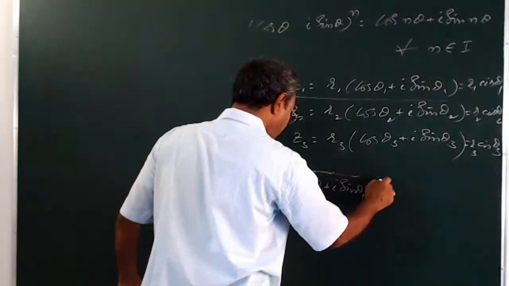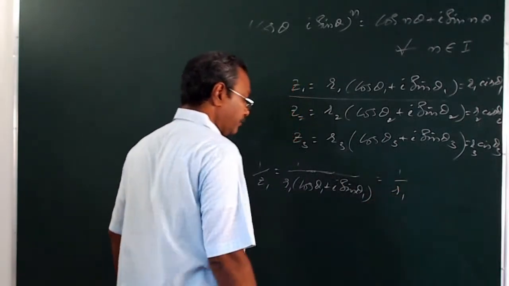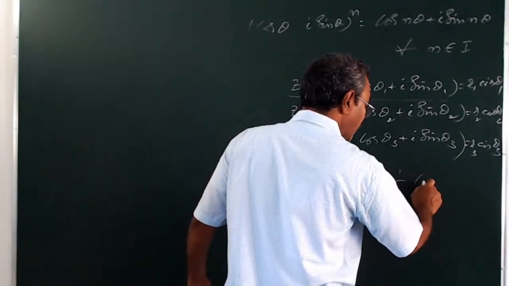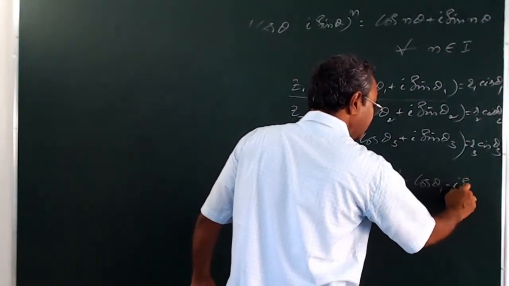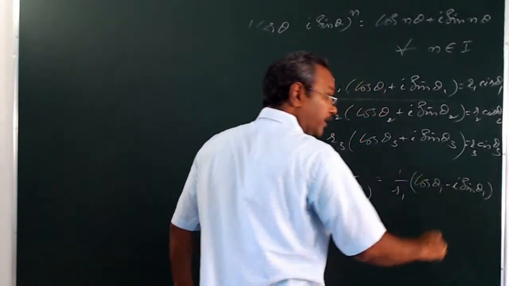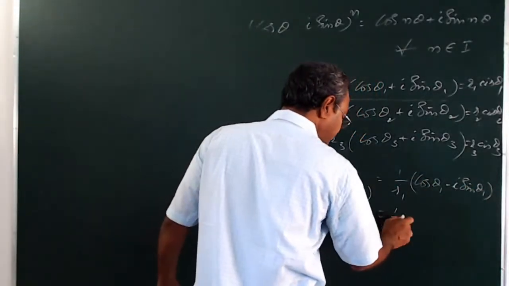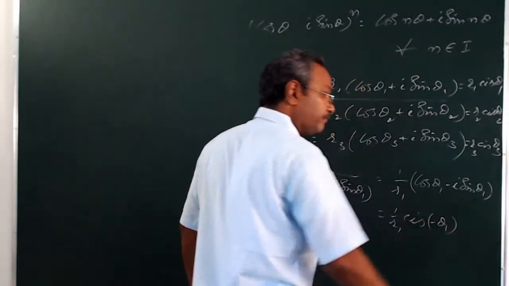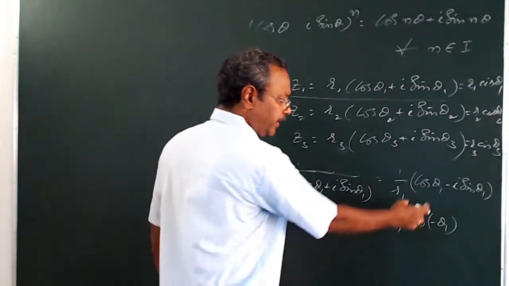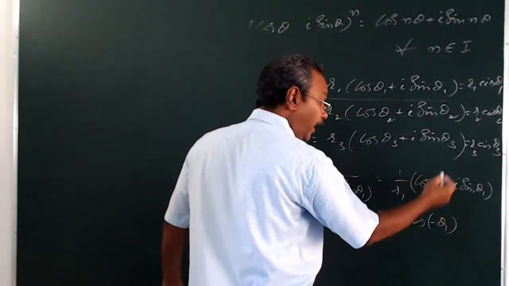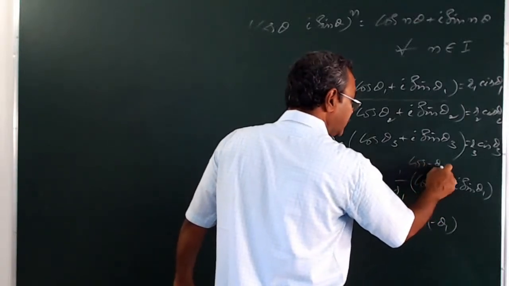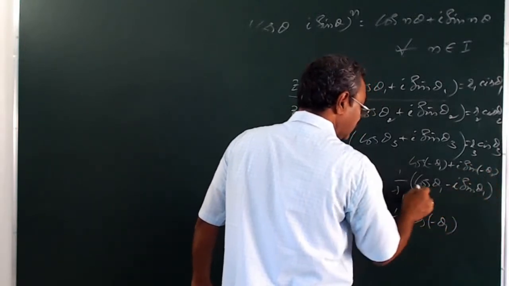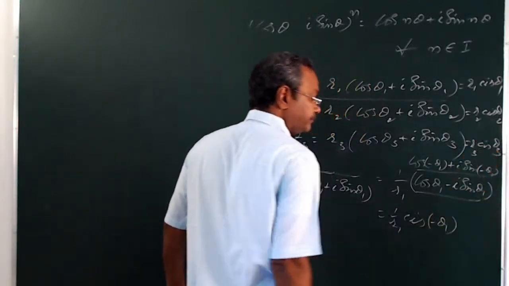Okay, this can be written as 1 by R1 into cos theta 1 minus i sin theta 1 in the numerator. Or you can write it as 1 by R1 into cis minus theta 1. Because we can write this cos theta 1 minus i sin theta 1 as cos minus theta 1 plus i sin minus theta 1.